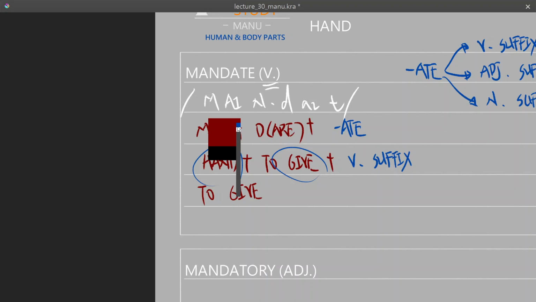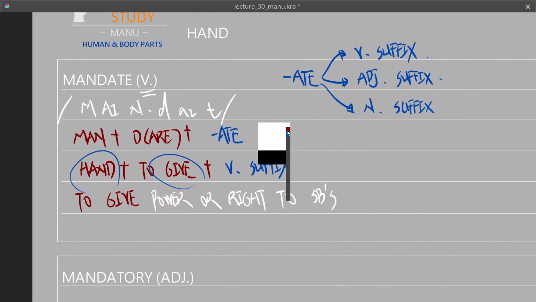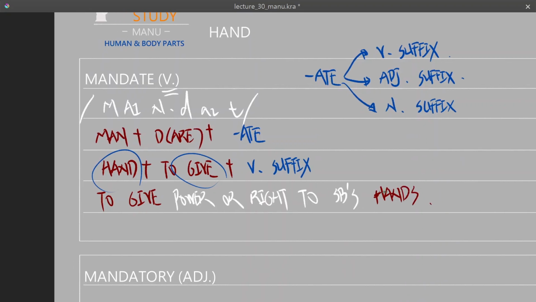To give power or right to somebody's hands. Somebody's hand.